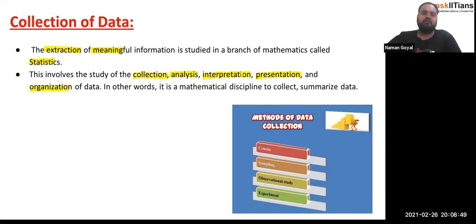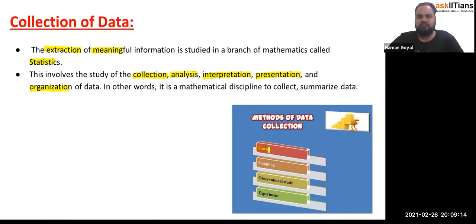Interpretation means they interpret how we will calculate the average, all these things. Now presentation is they present the data to you, right? And after that organization of data, they show you the data in an organized way, right? First is number of matches, number of runs, then strike rate, then average, then number of 50s, then 100s. So that is known as organization of data.